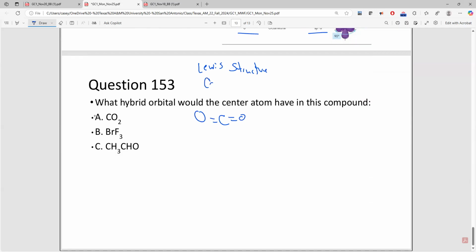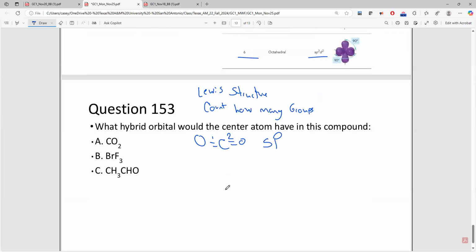Then you count how many groups. So we have 1, 2 groups. If you have 2 groups, that is called sp. Another way to remember this is like all the numbers should add up to how many groups you have, right? Because s is 1, p is 1, 1 plus 1 equals 2. Oh, I have 2 groups.